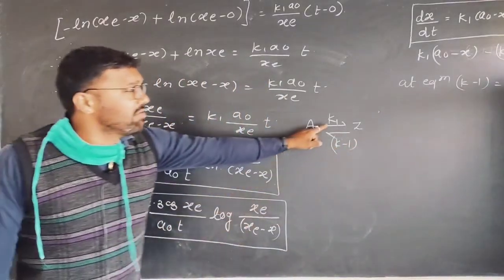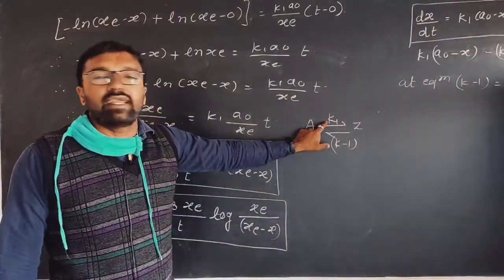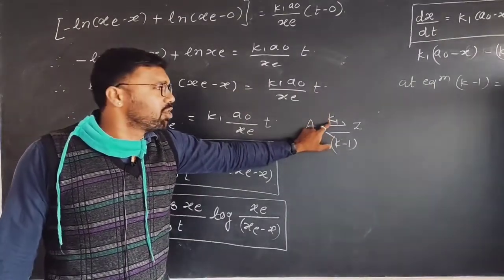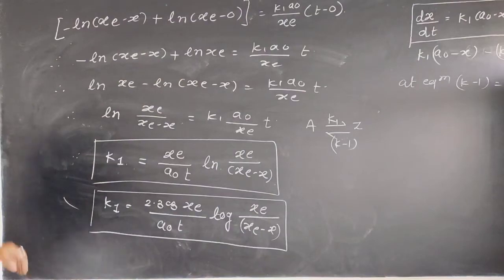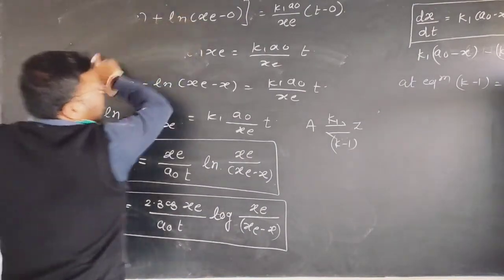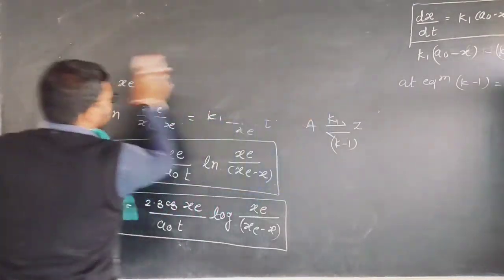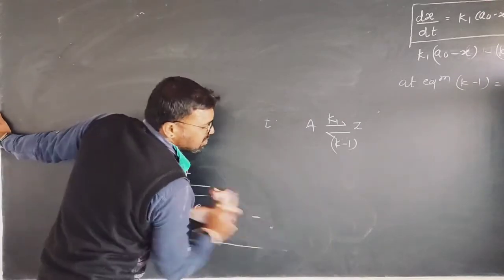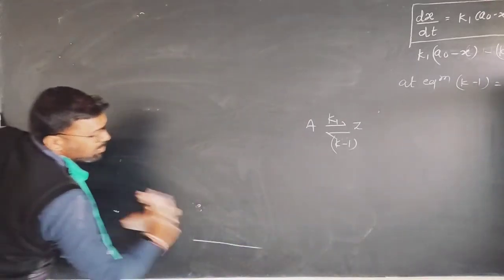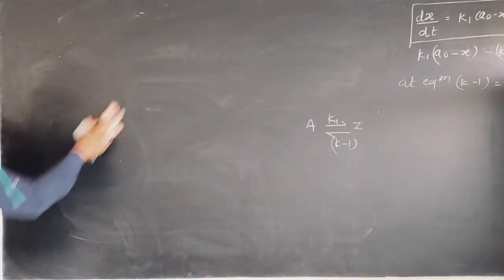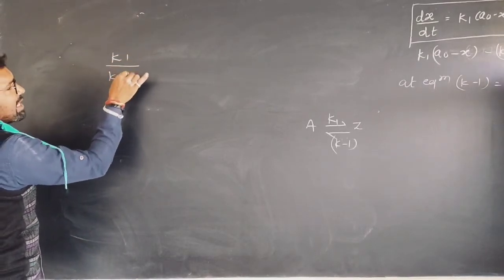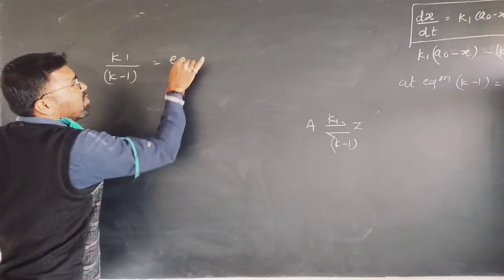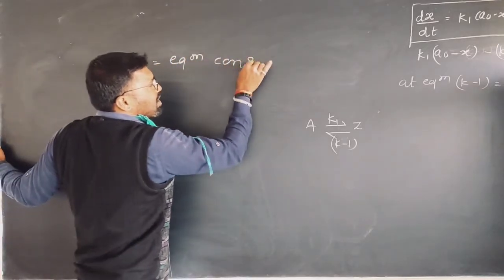K1 can be found by plotting the graph having slope K1. Now how to find K minus 1? This K minus 1 is obtained from the equilibrium constant, because K1 upon K minus 1 is equal to the equilibrium constant.